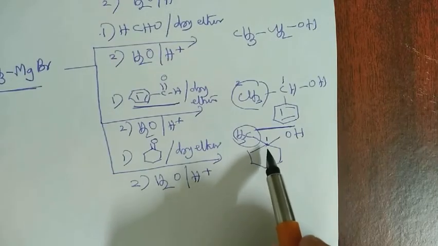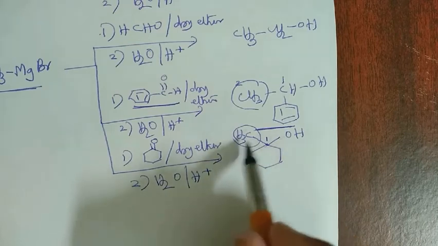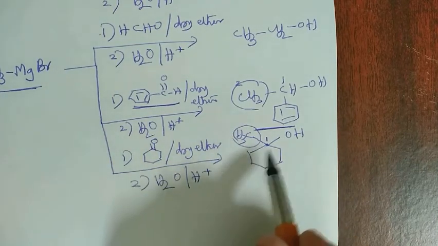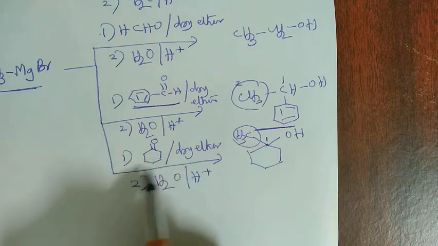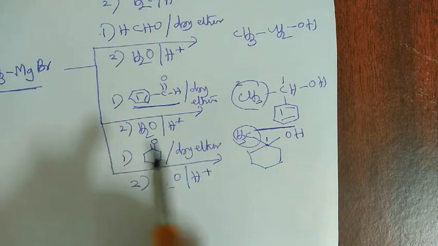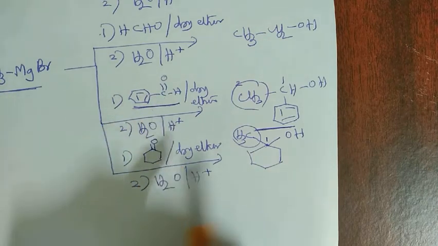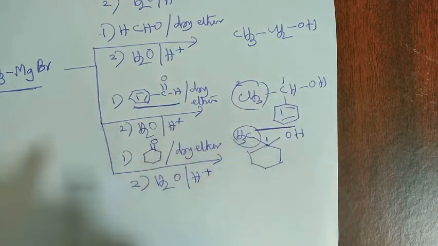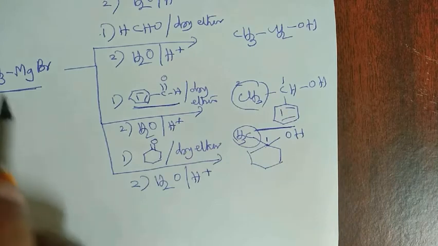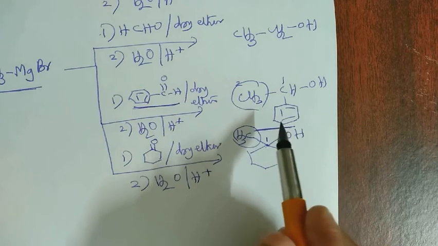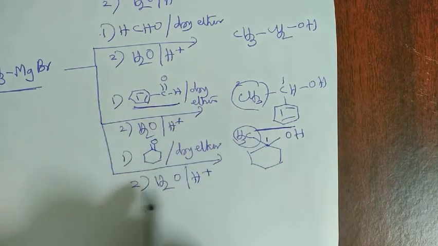In this case, it is a tertiary alcohol and the methyl group comes from the Grignard reagent. Therefore, the ketone should be cyclohexanone. So there are three components: Grignard reagent, aldehyde or ketone, and alcohol. If we know the structural formula of any two components, the structural formula of the third one can be predicted.